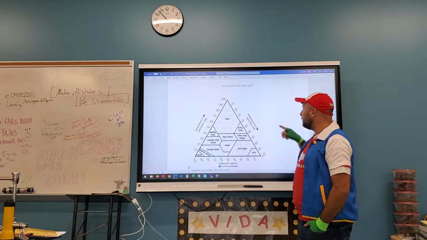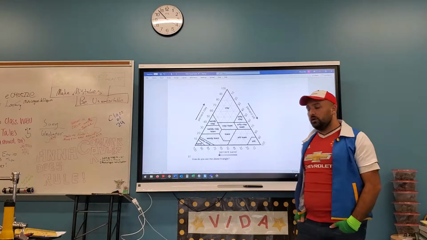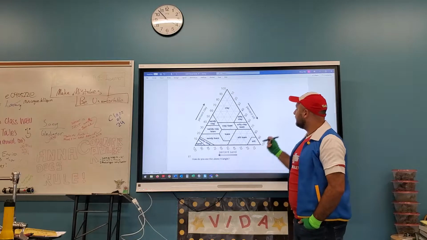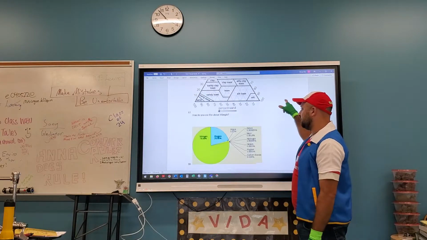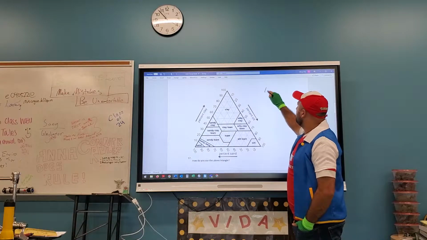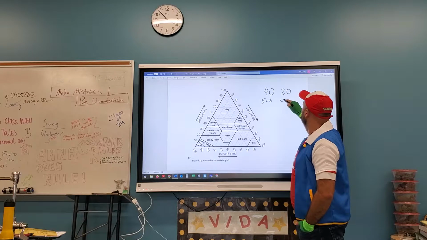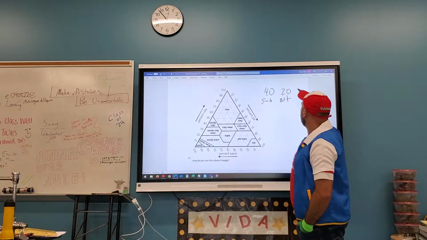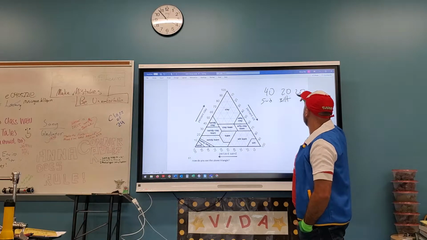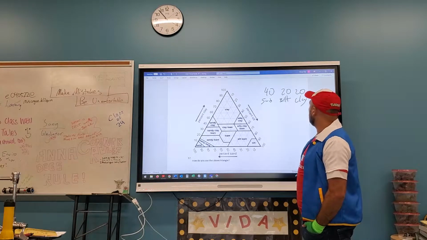Keeping this going. So this is our triangle, the soil triangle. Remember how it works? If you're given percents, let's say we have 40% sand, 20% silt, and we'll say 20% clay.